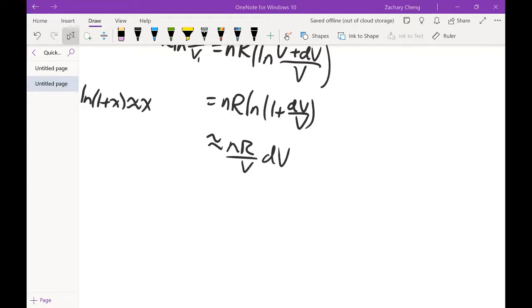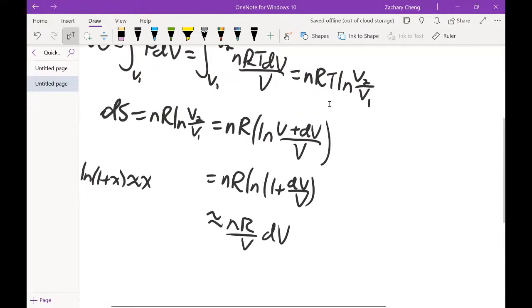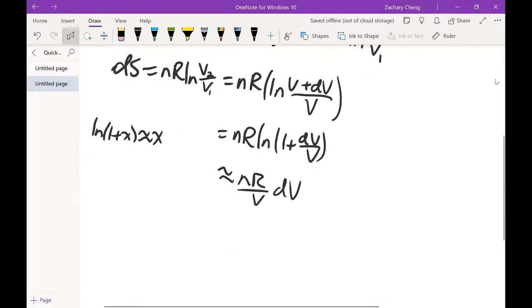Okay, so now if the piston moves to the right, we just analyze what happens to the entropy of the gas, because as before we found the entropy of the gas is just equal to dQ over T, and so we ended up with this answer. But the surroundings of this system also have an entropy.